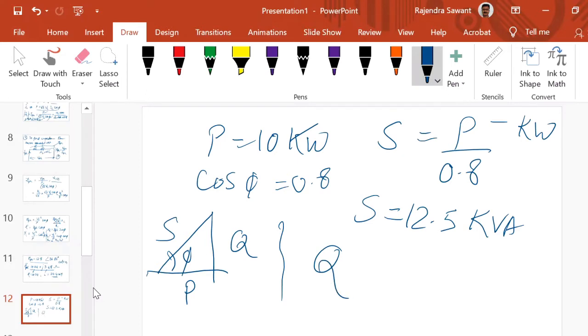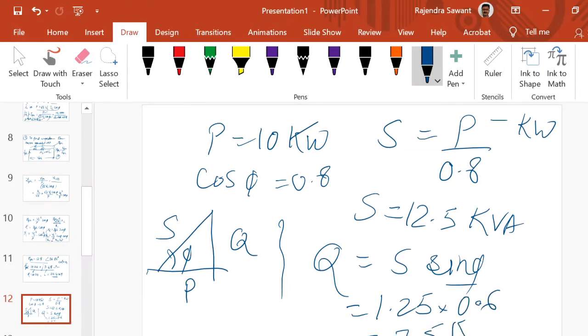Then one can find Q, which is equal to S sin phi. So this is 12.5 into sin phi, which is 0.6, and we shall get 7.5 kVAR. So we are getting P as 10 kilowatt and Q as 7.5 kVAR.